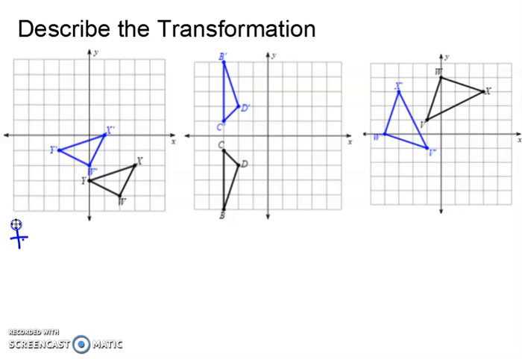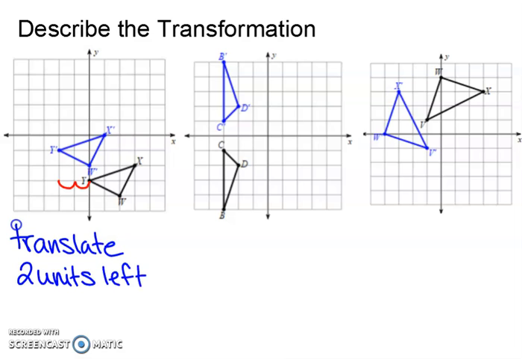So my instructions would say to translate. And then we just need to describe how many units in each direction. So from one of your points, simply count what they did. So if I use point Y, 1, 2 points to the left, so translate 2 units left, and 1, 2 units up.